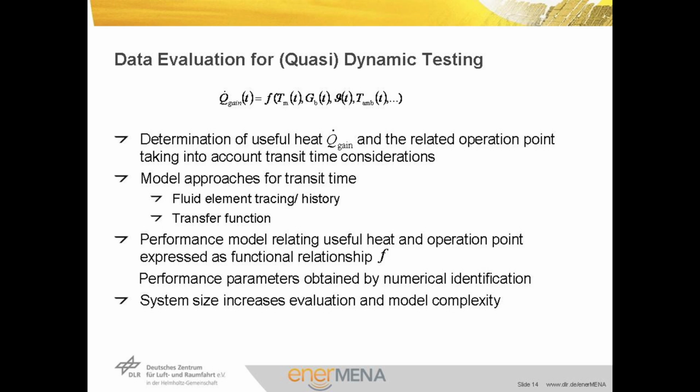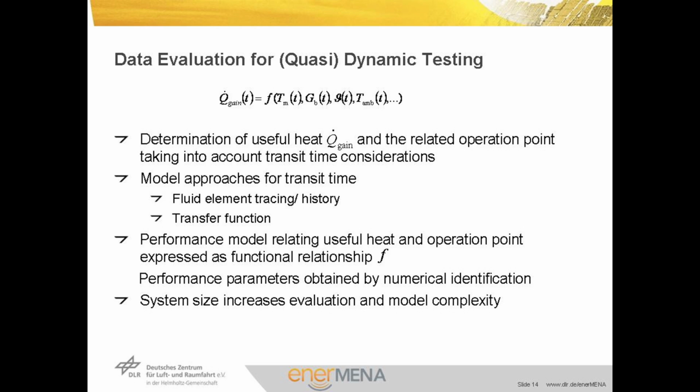When evaluating dynamic and quasi-dynamic test data, particular care is required in order to determine the useful heat and relate it to the respective operation point. In this context, transient time considerations and mixing play an important role. There are different approaches towards including transient time effects, some of which are presented in the context of data evaluation in Unit 11 of this block.